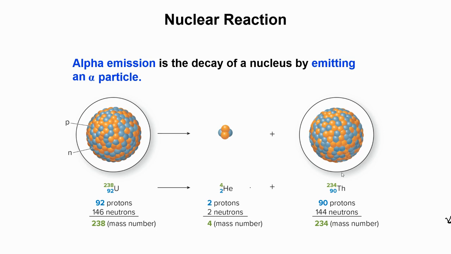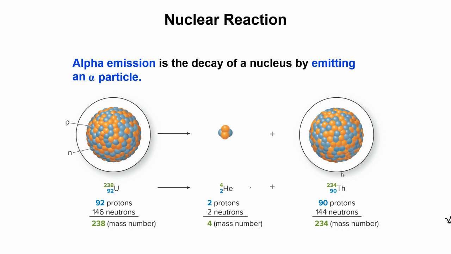Okay, so here we have uranium-238. It is a radioactive isotope, and this is one of the pathways that it can decompose. So this splits into a helium nucleus and a thorium nucleus. If we look at the mass numbers, the top number is 238. So if I start with a mass of 238, I better end up with 238 on this side.